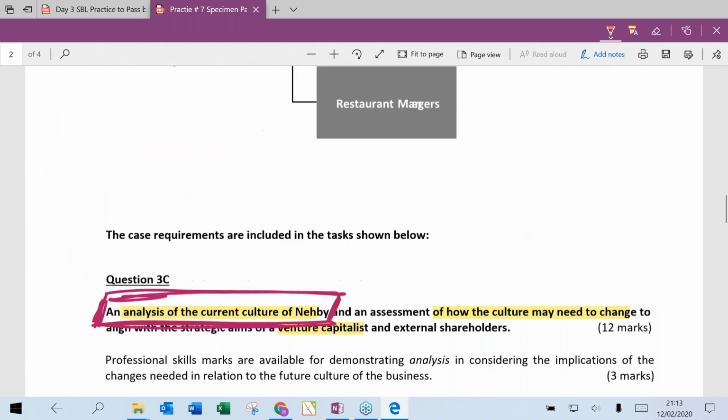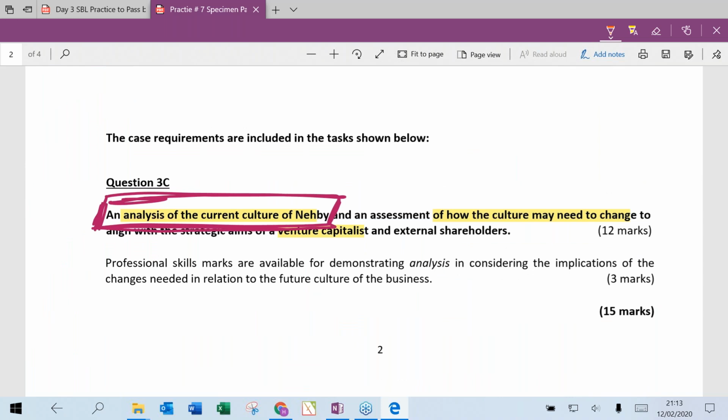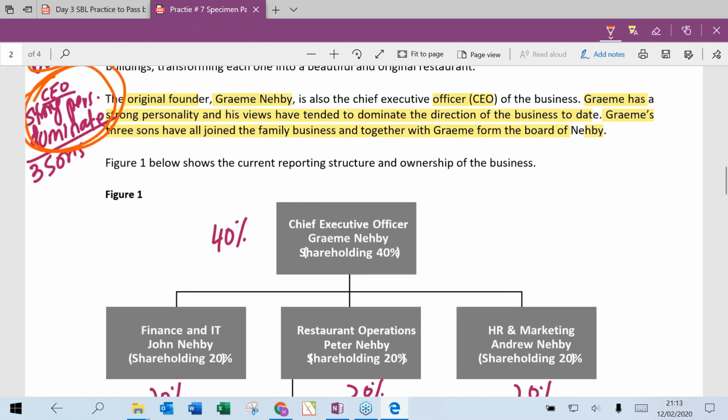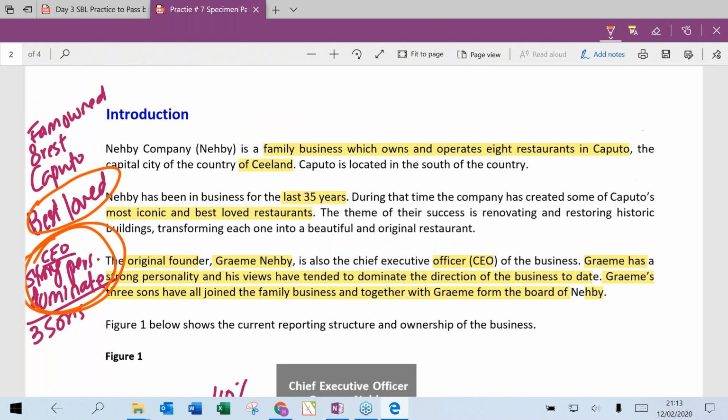Previously, I think the company was formed by Graham 35 years ago, and now his three sons have joined the business. Correct. So we can use this as a story: in the past Graham established this business, and now Graham's three sons have all joined the family business, and together they form the board of Nabi. That's the story. That's where the business is progressing from past to future.